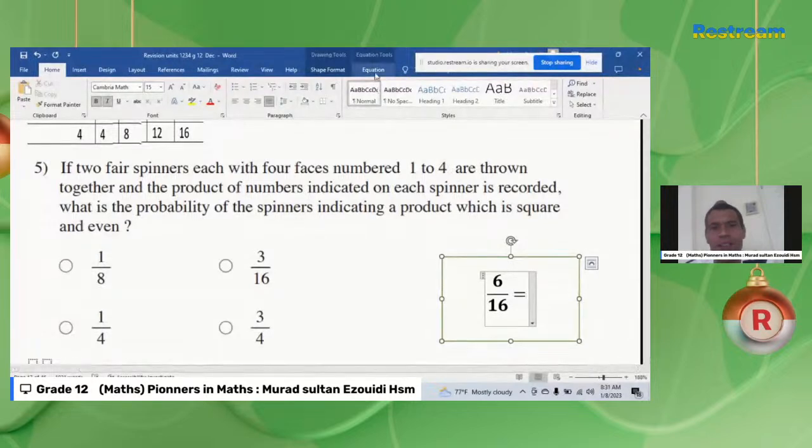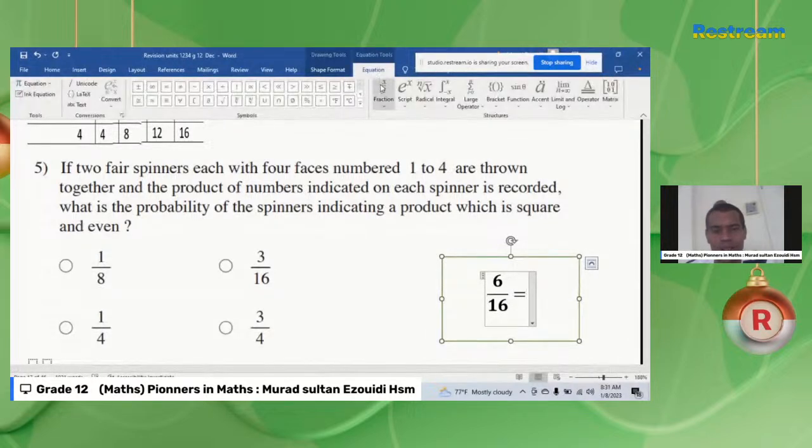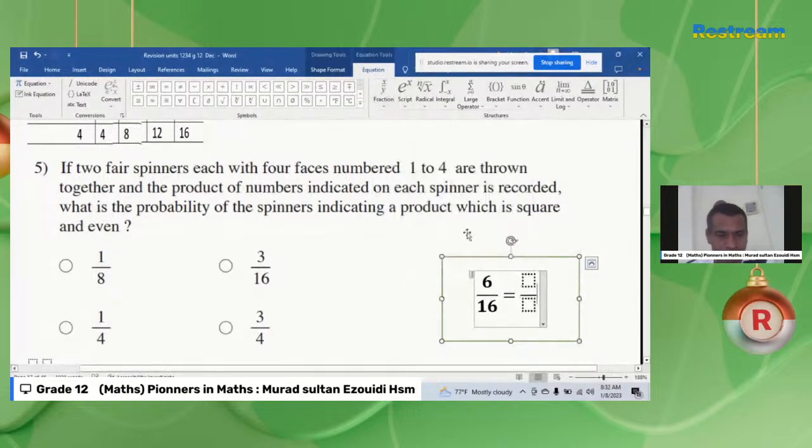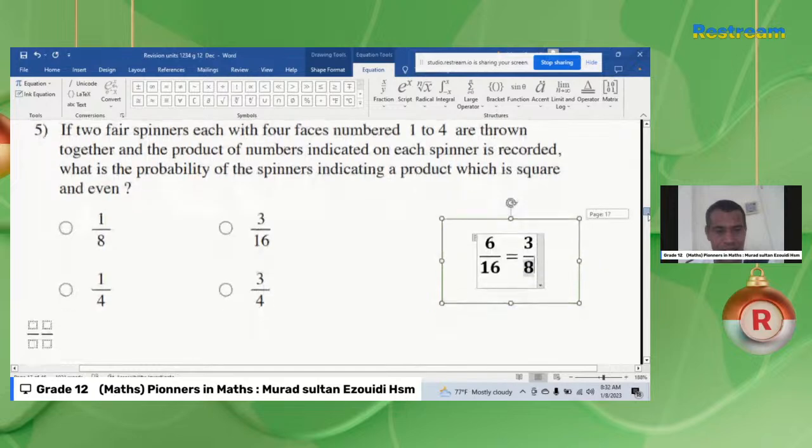Okay, 3 divided by 8. Because let's say how many twos make 6, it's 3, how many twos make 16, it will be 8. Okay, so this is the correct answer.